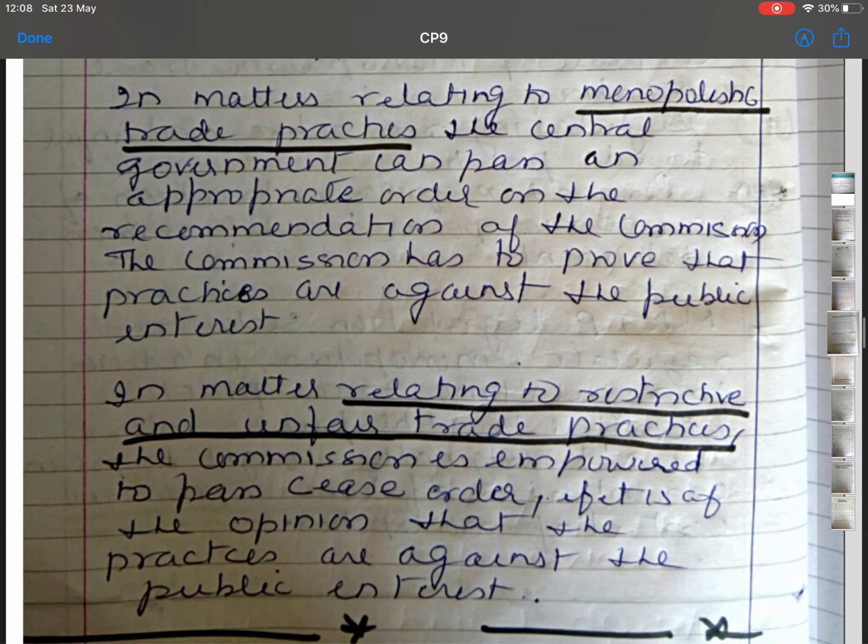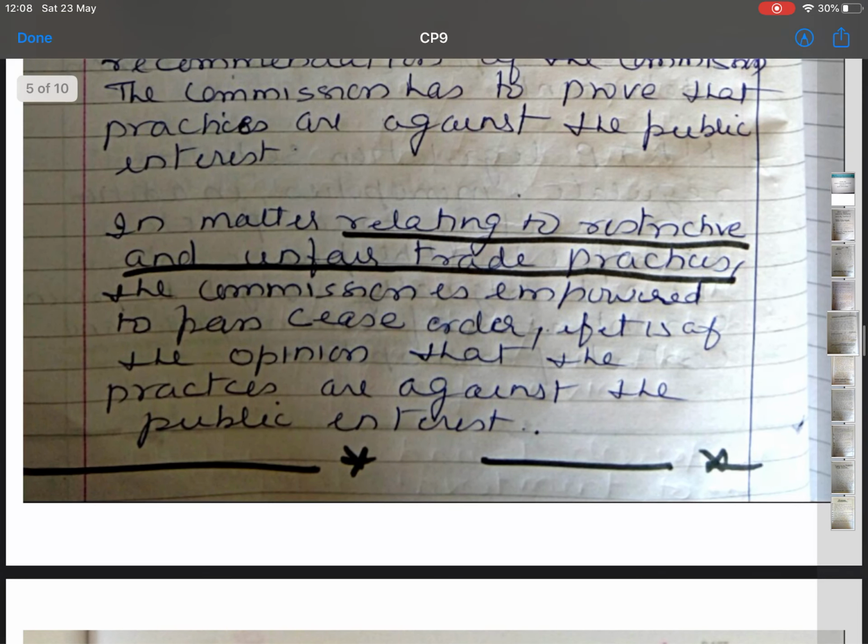In a matter relating to restrictive and unfair trade practices, the commission is empowered to pass a cease order if it is of the opinion that the practices are against the public interest. We have seen that the commission is empowered to pass a cease order.